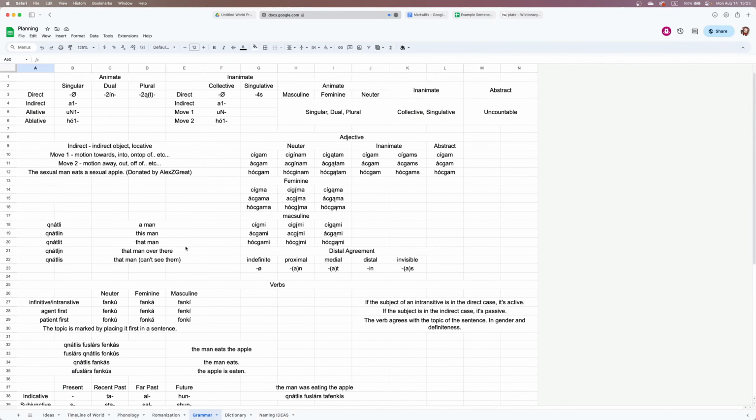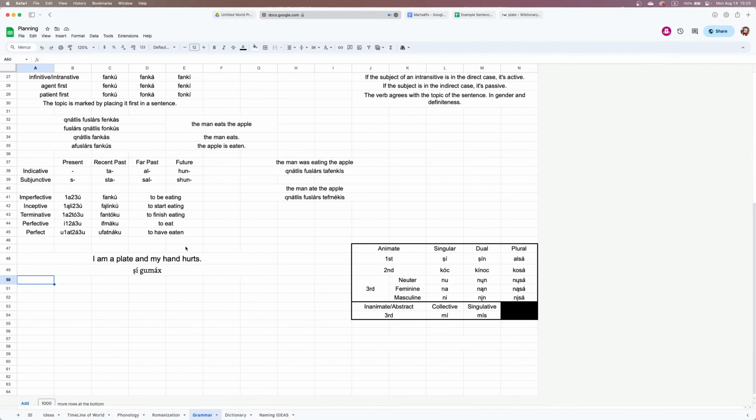But that will get into the problem of how I'm going to show tense, because usually most zero copula languages still have a copula for the past tense, or for certain aspects and whatnot. But for now, I'm just going to have zero copula right there. So shikumach, I'm a plate.